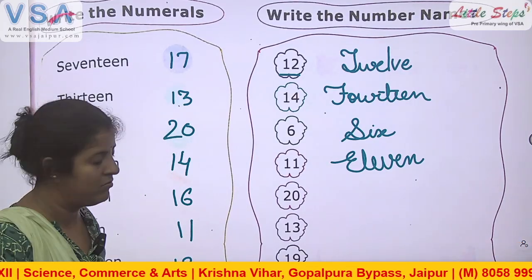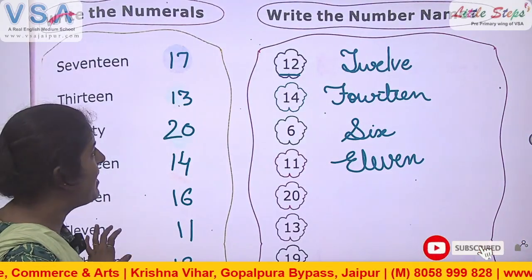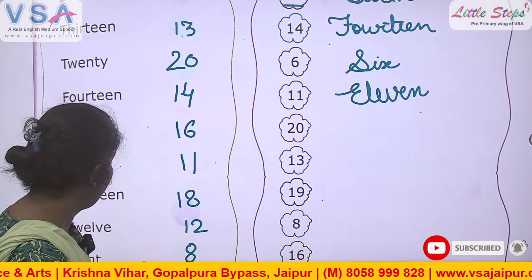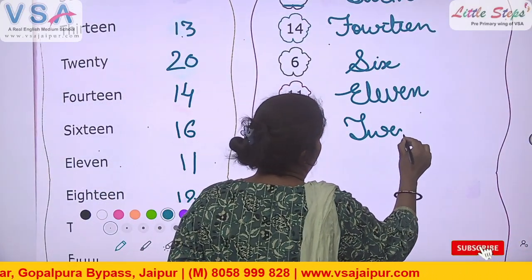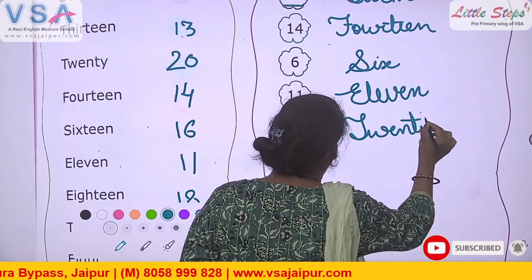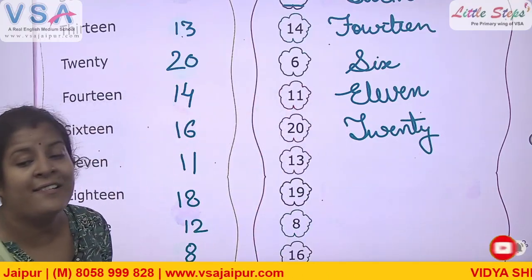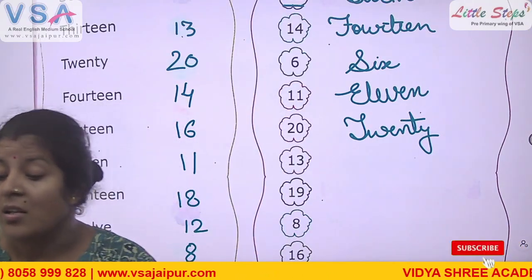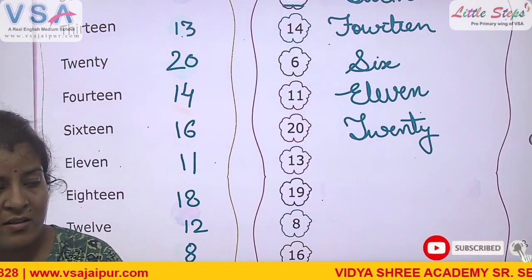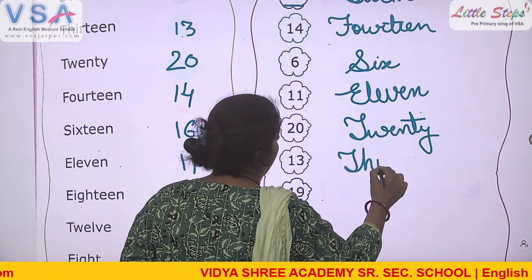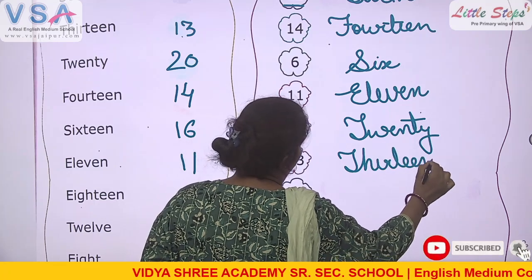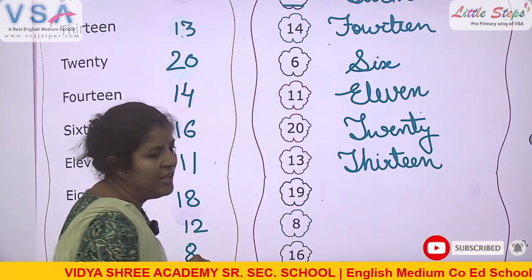11. Next number 20. Write the spelling of 20. TWENTY. Next number 13. Write the spelling of 13. THIRTEEN, 13.